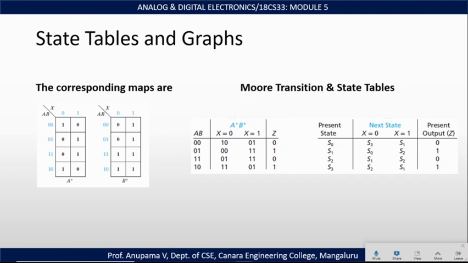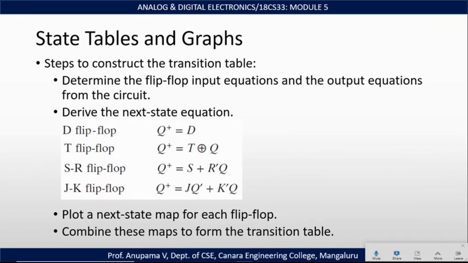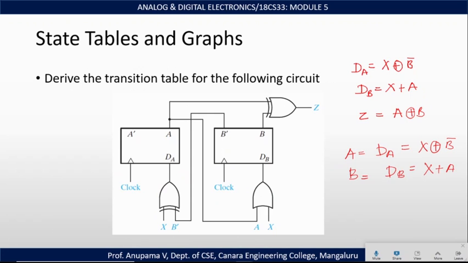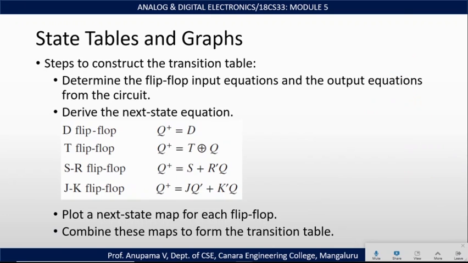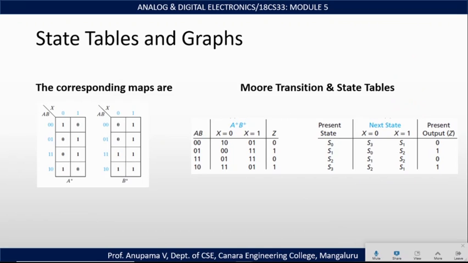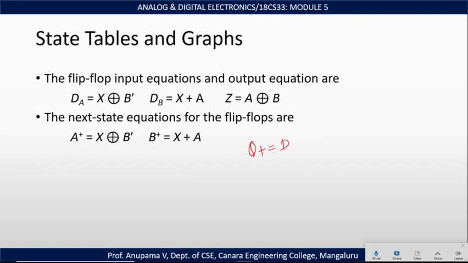Now, what is the third step? Third step is plot the next state map for each flip-flop. There are two flip-flops, so there will be two maps. How to draw the maps? See the diagram.